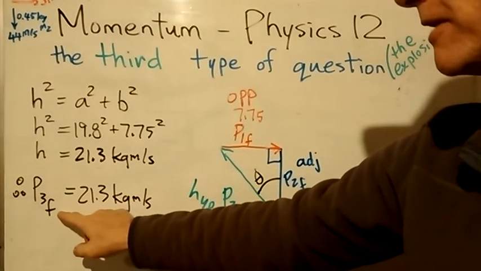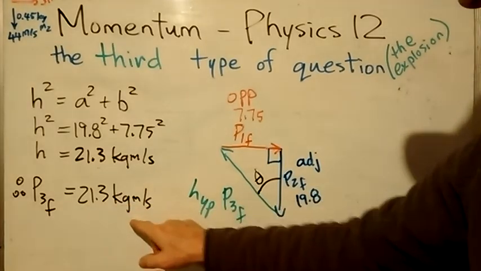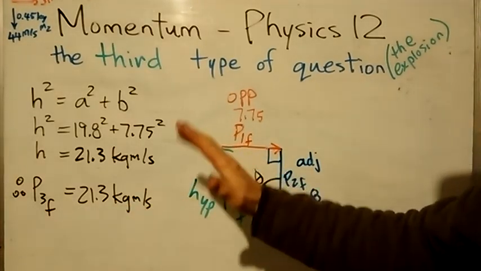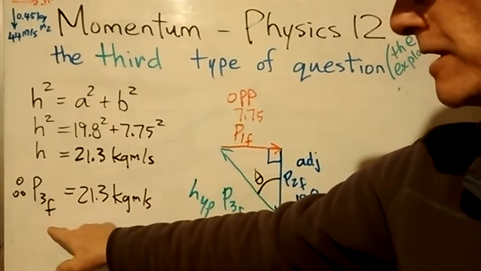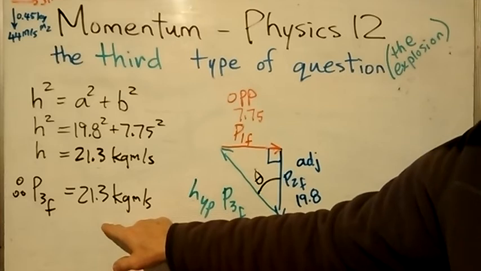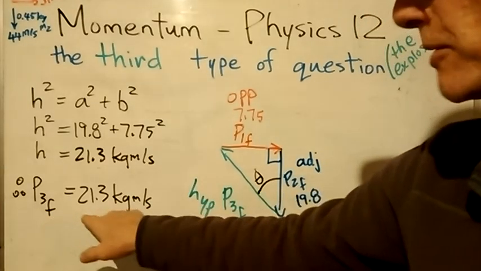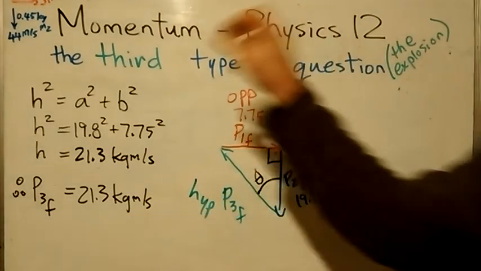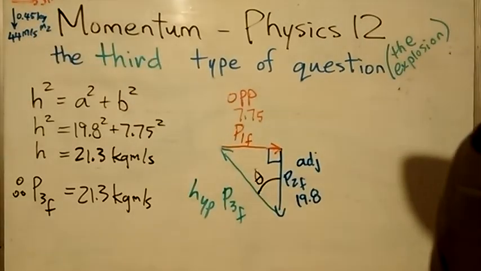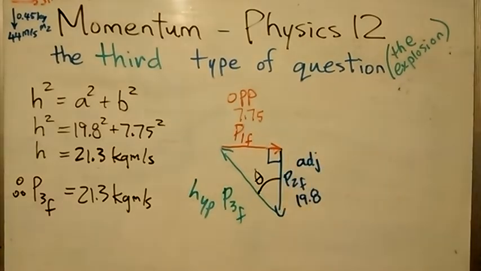So P3 final, which is the final momentum of the third piece, is 21.3 kilogram meters per second in that direction. So we know that this P3 final is M3 V3 final, and that's how we can find out what the velocity is, because we've got M3 V3 final is equal to 21.3. We know M3, it's just 1 kilogram minus 0.25 kilograms minus 0.45 kilograms, because it's the only piece left when you take away M1 and M2.